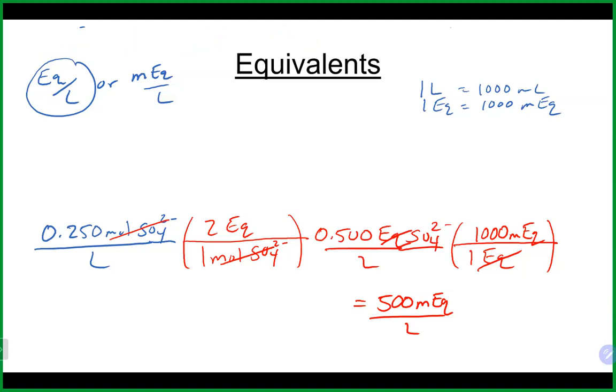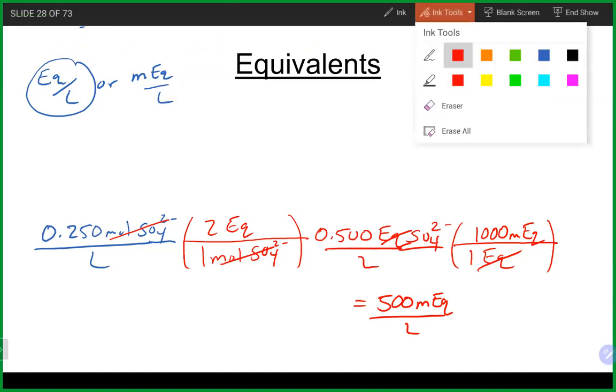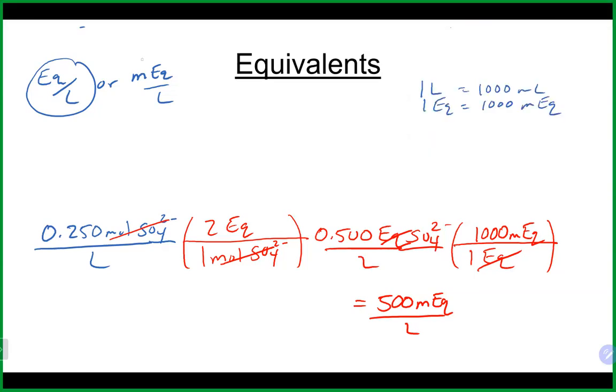All right, so what would be the equivalents per liter and milliequivalents per liter if you had a solution that contained 0.375 moles per liter of, let's do phosphate, why not?